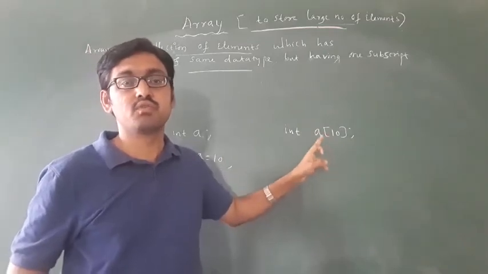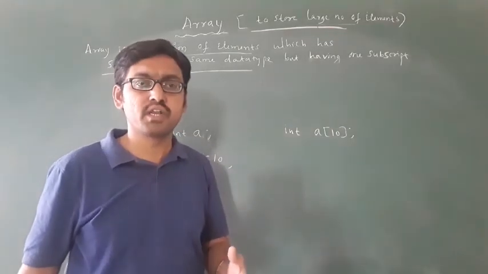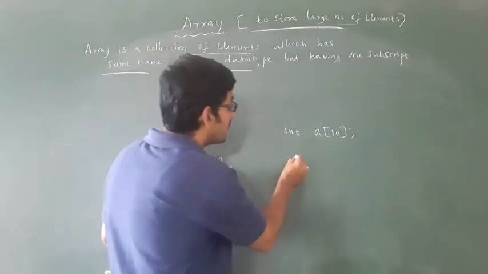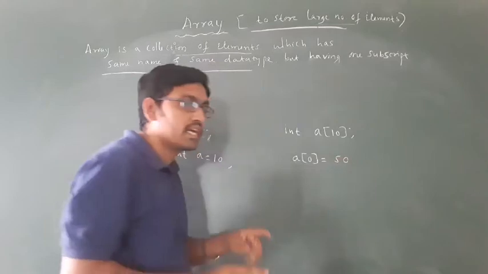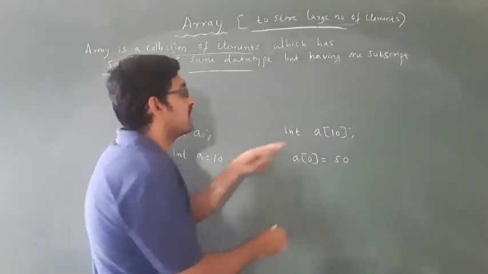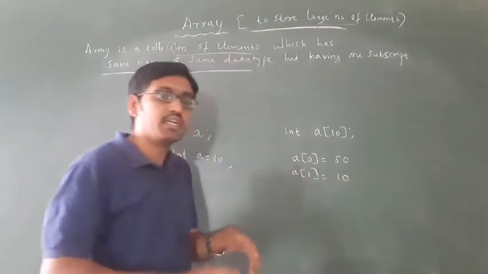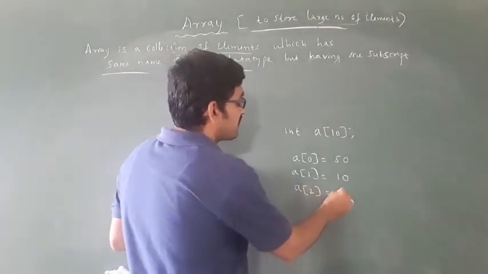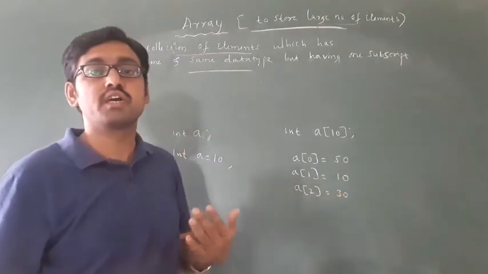Okay, 10 values ನೀವು ಇದರಲ್ಲಿ ಸ್ಟೋರ್ ಮಾಡಬಹುದು. ಫಸ್ಟ್ ಫಾರ್ ಎಕ್ಸಾಂಪಲ್ ಟೇಕ್ ಒನ್ ವ್ಯಾಲ್ಯೂ, ಗಿವ್ ಮಿ ಒನ್ ವ್ಯಾಲ್ಯೂ, ಫಾರ್ ಎಕ್ಸಾಂಪಲ್ 50. ಎಲ್ಲಿ ಸ್ಟೋರ್ ಆಗುತ್ತೆ? ಫಸ್ಟ್ ವ್ಯಾಲ್ಯೂ ಆಲ್ವೇಸ್ ಇಟ್ ಸ್ಟೋರ್ ಇನ್ ಎ ಆಫ್ 0. ಎ ಆಫ್ 0ದಲ್ಲಿ 50 ಸ್ಟೋರ್ ಆಯಿತು. ನೆಕ್ಸ್ಟ್ ವ್ಯಾಲ್ಯೂ ಫಾರ್ ಎಕ್ಸಾಂಪಲ್ ನೆಕ್ಸ್ಟ್ ವ್ಯಾಲ್ಯೂ ಐ ಆಮ್ ಟೇಕಿಂಗ್ 10 ವ್ಯಾಲ್ಯೂ ಎಲ್ಲಿ ಸ್ಟೋರ್ ಆಗುತ್ತೆ? ಇದರಲ್ಲಿ ಎ ಆಫ್ 1. ಎ ಆಫ್ 1 10 will store. In a of 2, for example I have given 30. Like this the values are stored in an array.